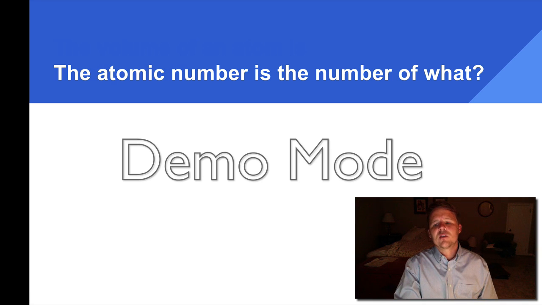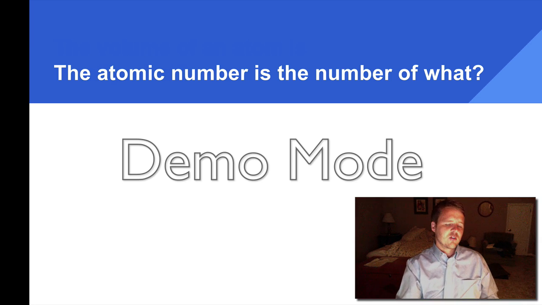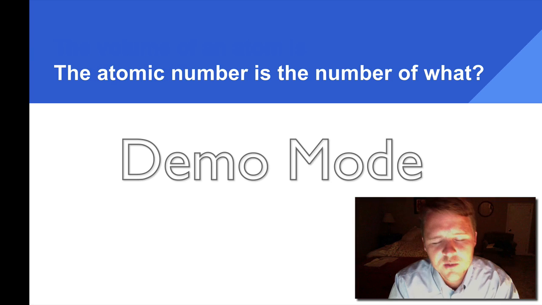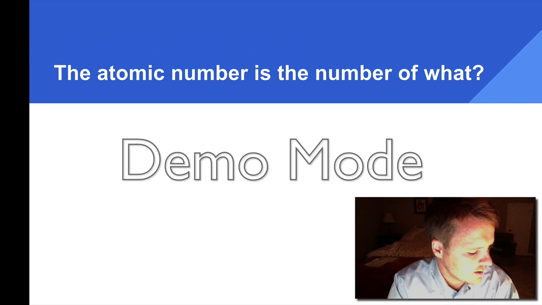The atomic number is the number of what? Protons. It's the number of protons. Neutrons also come into play for the atomic weight.